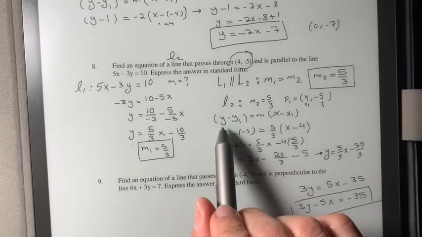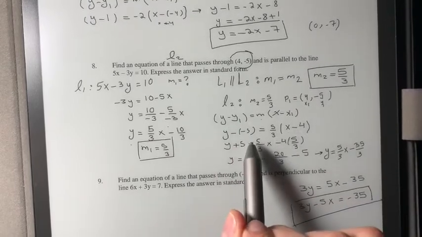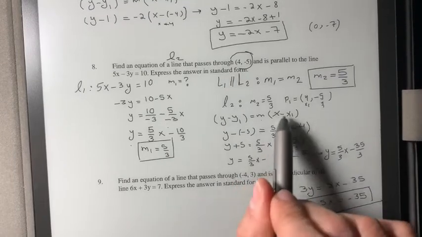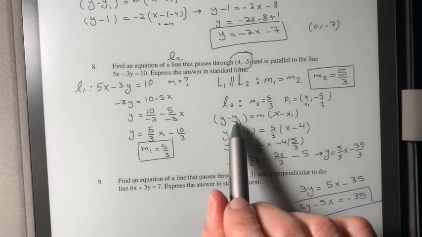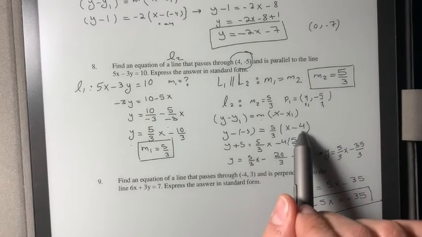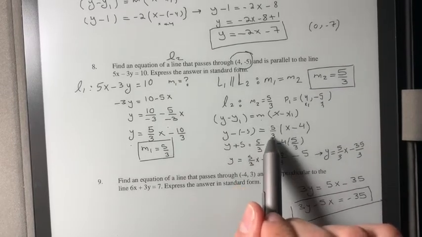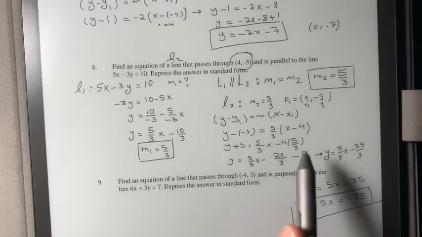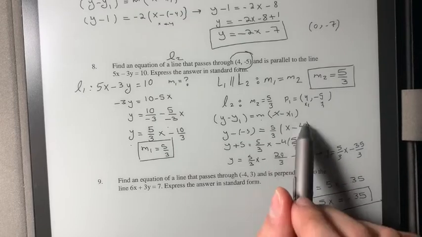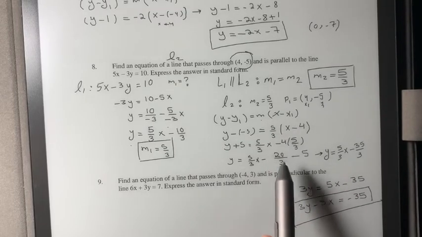So if you want to find the equation for this line, the best formula is the slope-point formula. Instead of y1, we replace negative 5. Instead of x1, we replace 4. And instead of m, we have 5 over 3. And then we multiply 5 over 3 to x, 5 over 3 to 4.